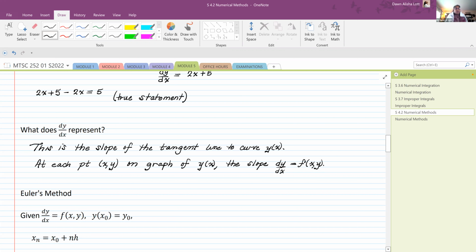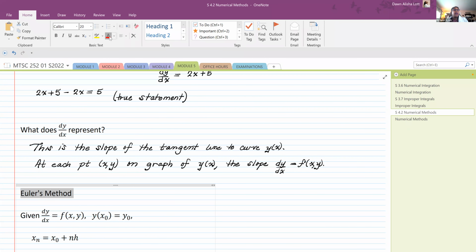Okay. So now what we're going to do is use a numerical method called Euler's method to first solve for the differential equation. And then we're actually going to learn two techniques to solve for the differential equation.